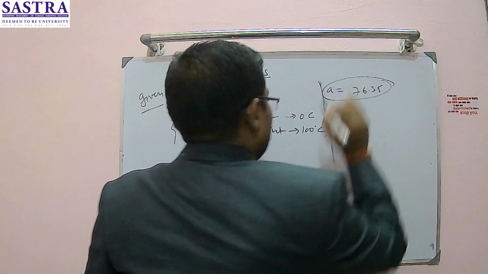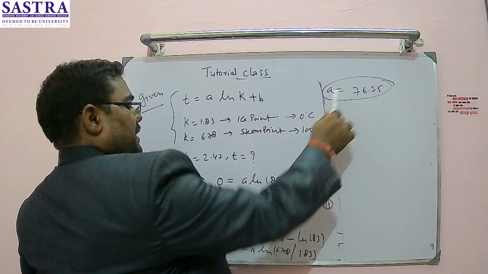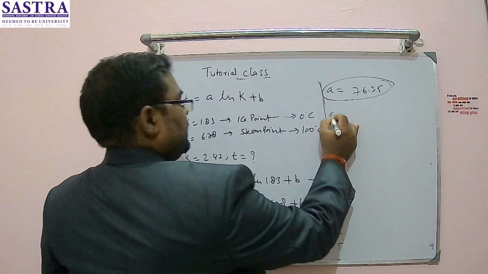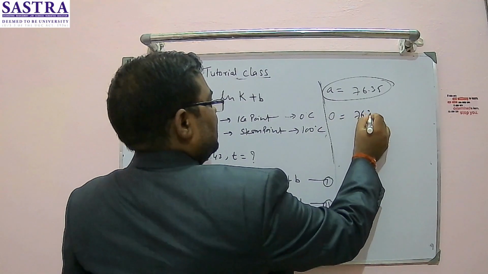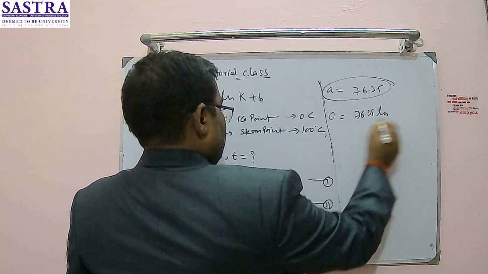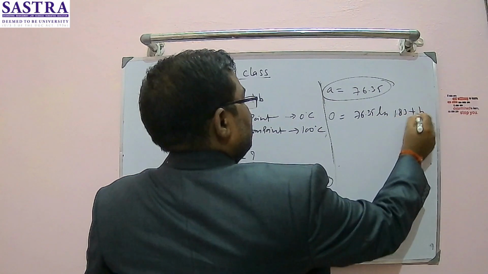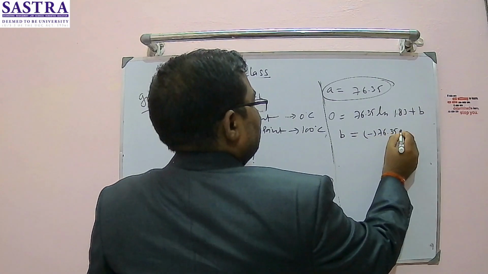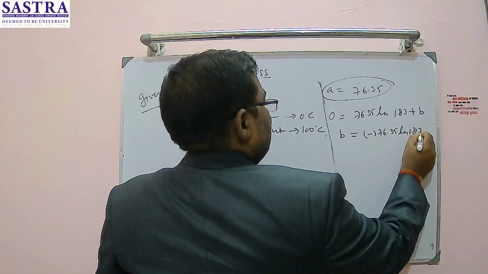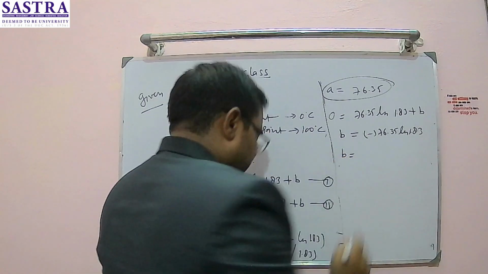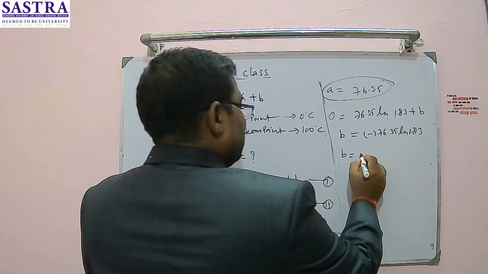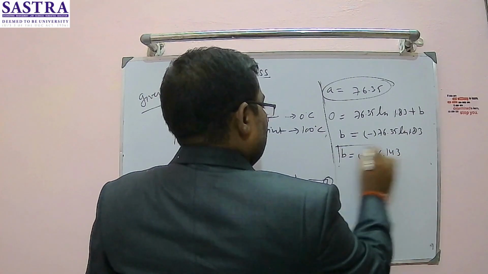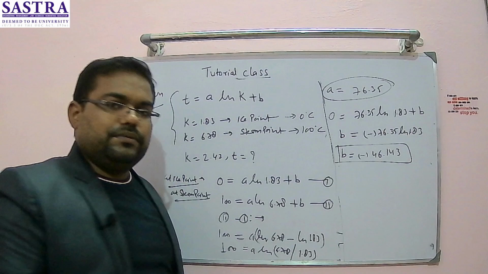So this is the constant A. Now substituting this A value in equation number 1: 0 is equal to 76.35 ln of 1.83 plus B. So B can be calculated: minus 76.35 into ln of 1.83. Calculate, and you will get the B value also negative, this is minus 46.143. So now you have the A value and B value, right?